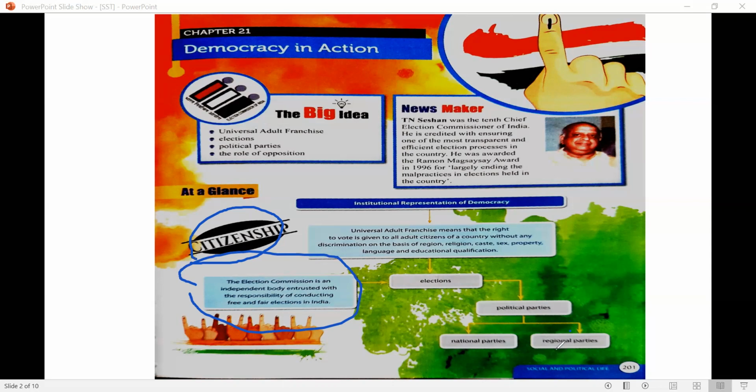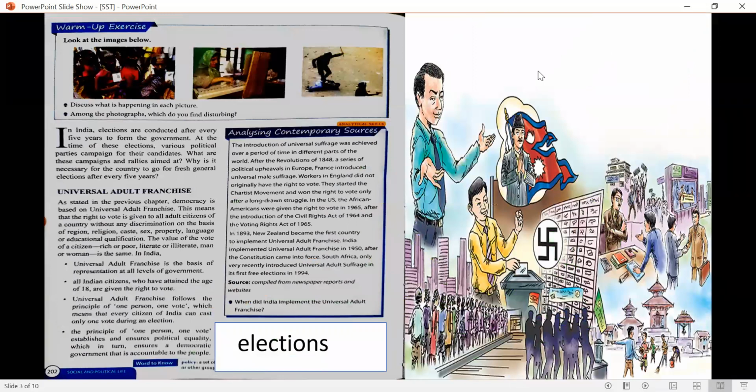Now, without discussing this index page for a long time, let us do something else, which is to learn what universal adult franchise is. We are going to learn this with a picture given on our right hand side, and we are also going to learn with our book page on the left side.